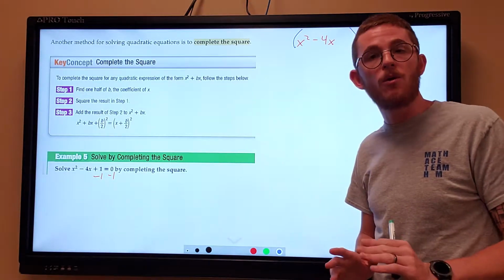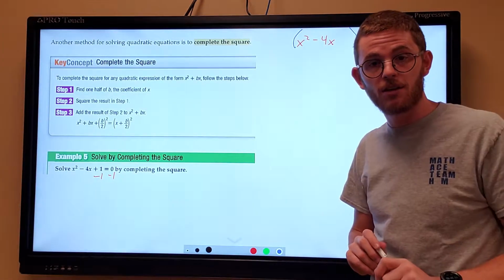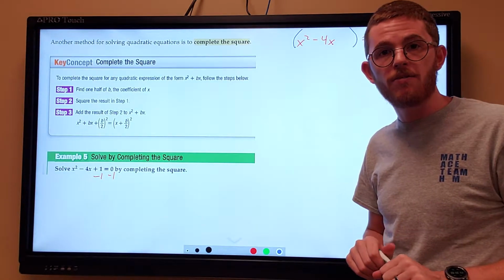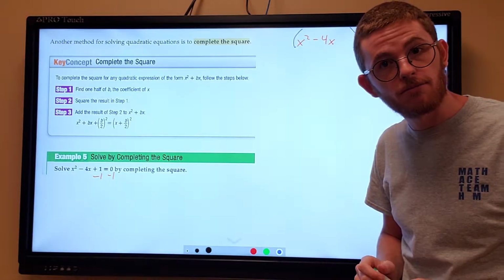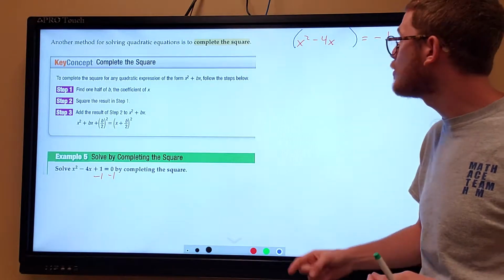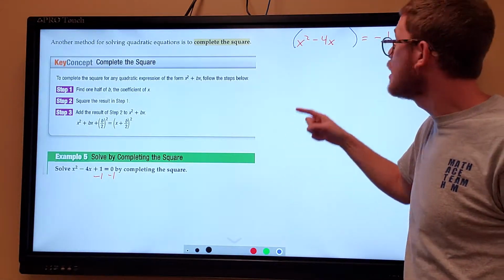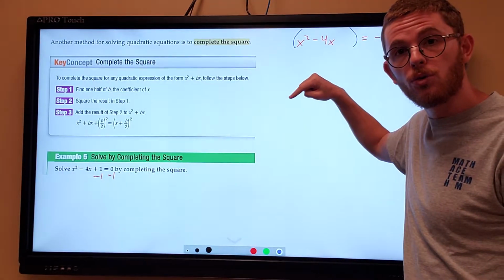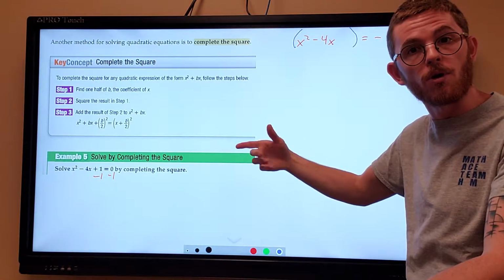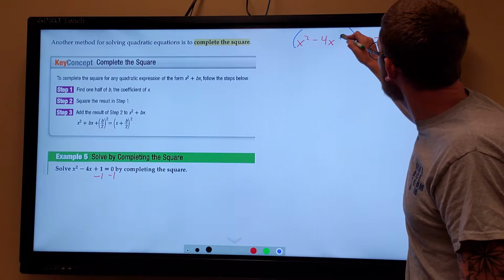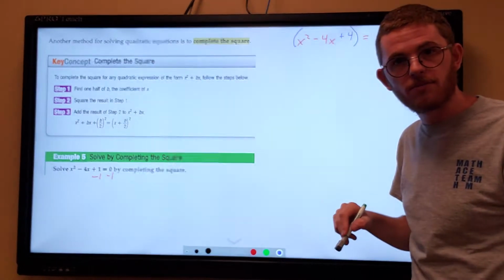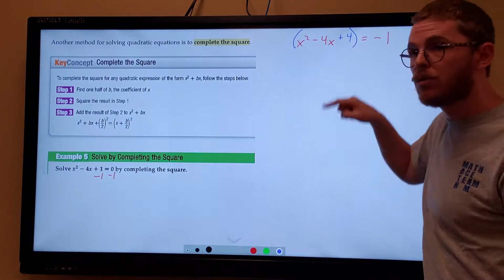We're going to take the coefficient in front of the x, cut it in half, and square it next. Take the coefficient in front of the x, cut it in half, square it next. Half of 4 is 2. 2 squared is 4. We're going to paste it on the inside. I'm adding 4 to the inside.